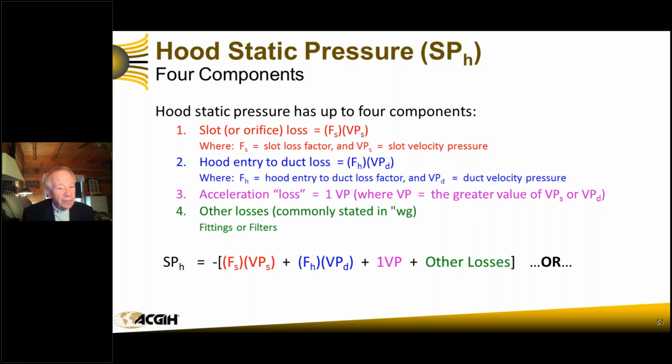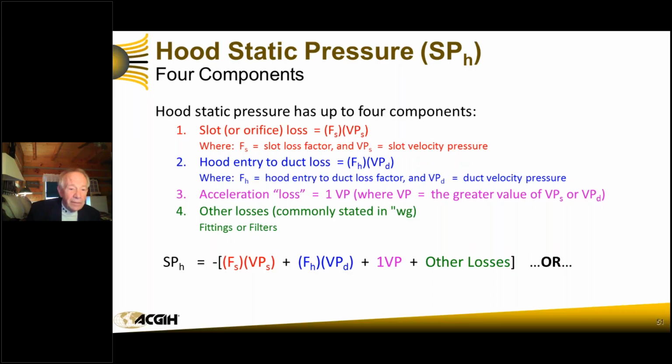You're always talking about the aerodynamic losses in reference to the velocity they have to come up to in the duct. And by the way, the 1 VP is also a 1 VP of either the slot or the duct. So that will be used plus our other losses.